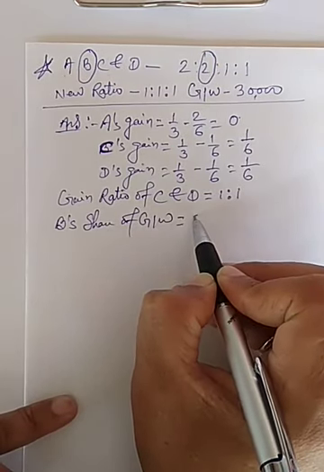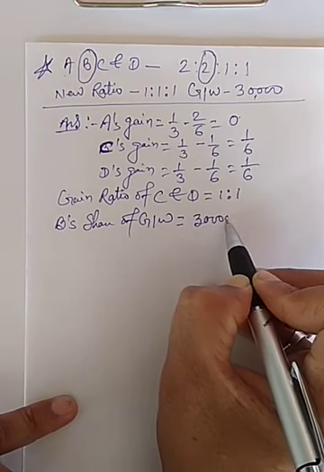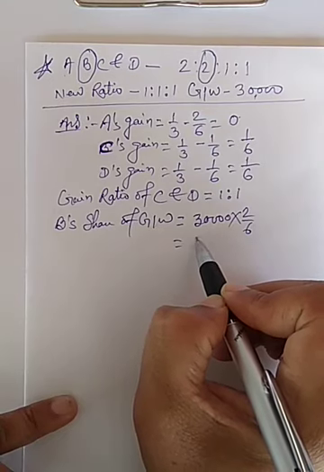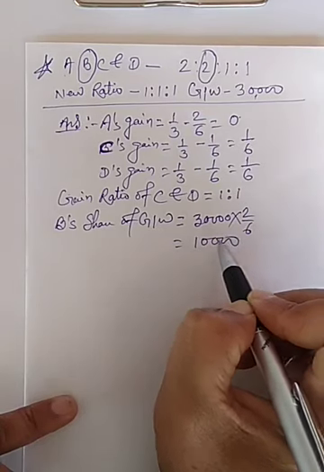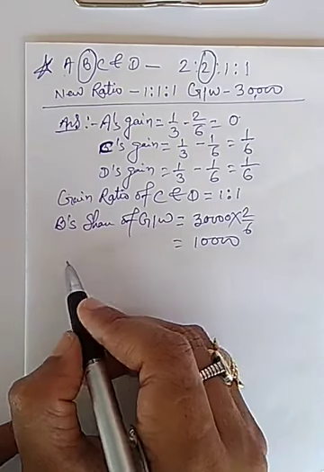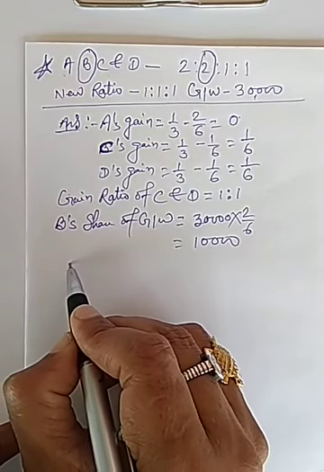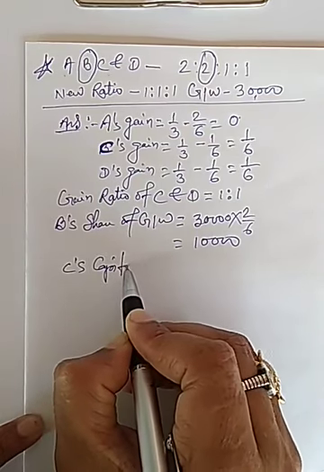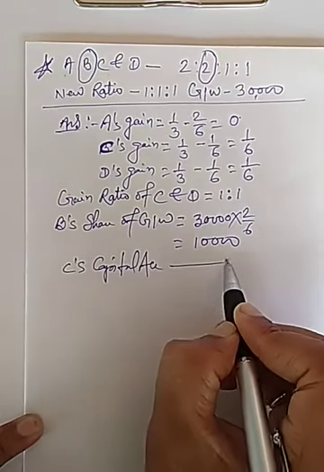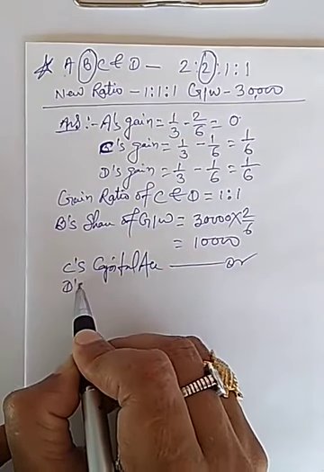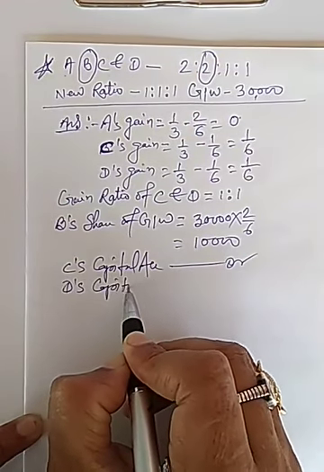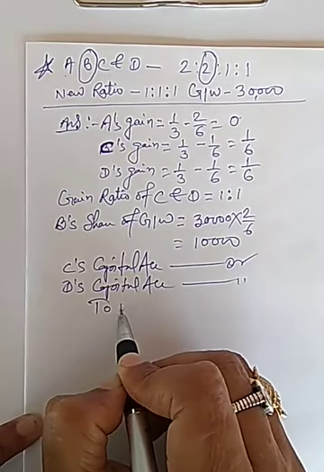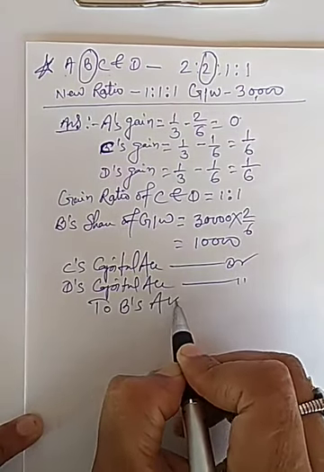Now B's share of goodwill equals 30,000 into 2/6. So it will be 10,000, and the journal entry will be C's capital account Dr, D's capital account Dr to B's capital account.